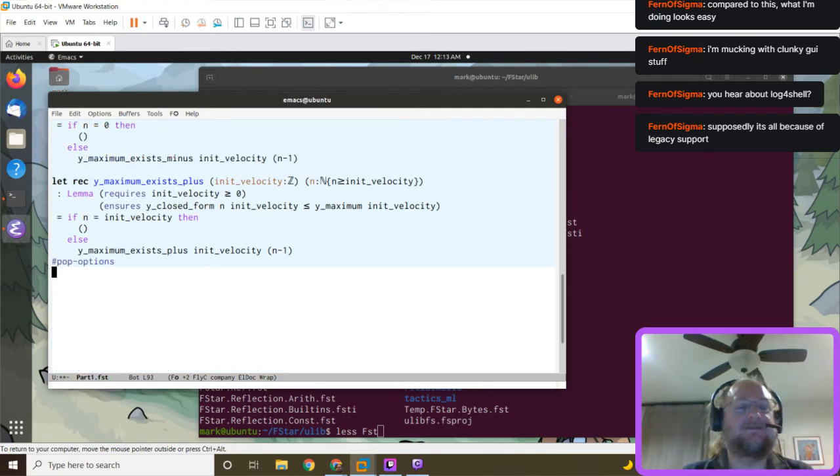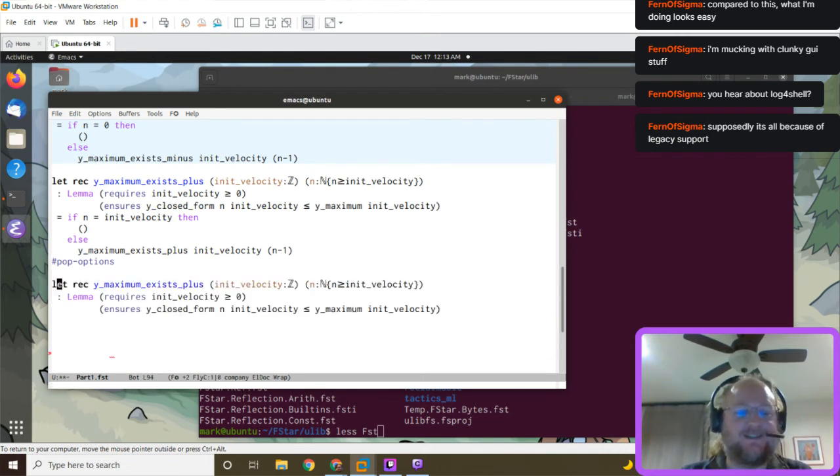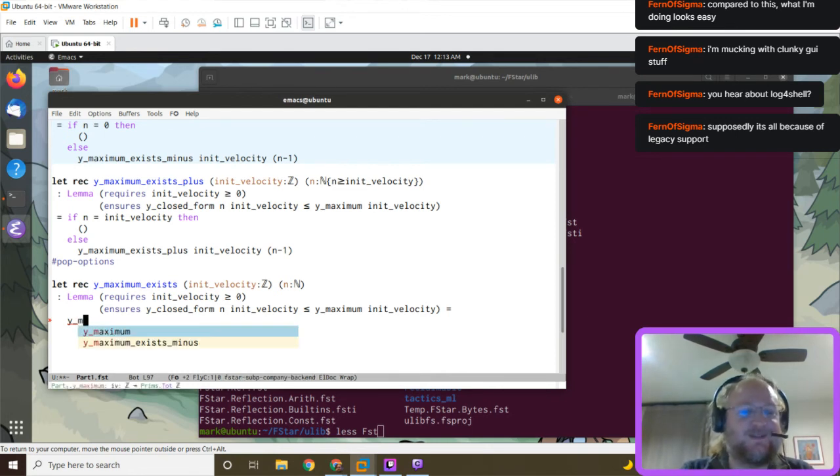So, now that these are proved, I just unproved it by deleting this. We can prove it for all n by just saying, well, it's true for those less than or equal to init velocity and greater than or equal to init velocity, and that's all the natural numbers.